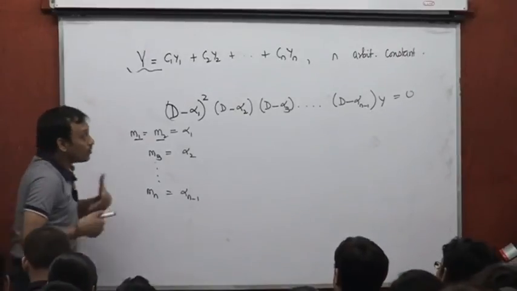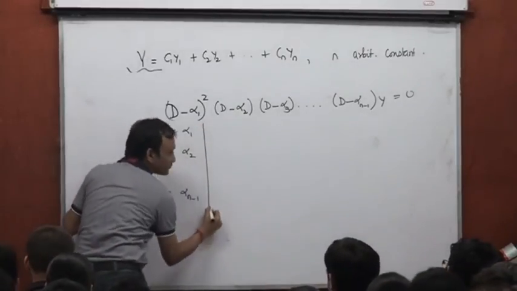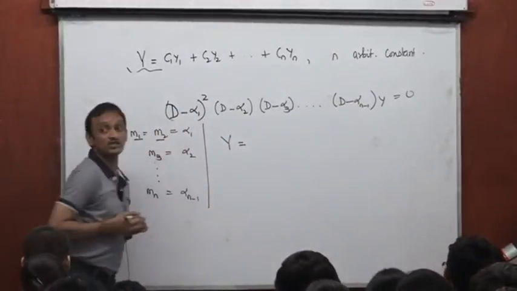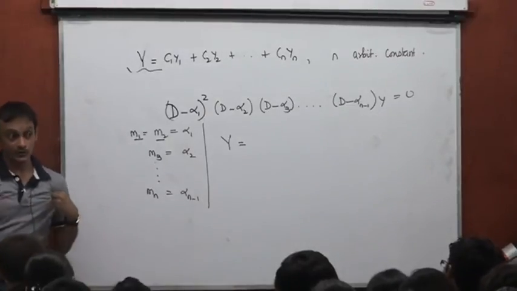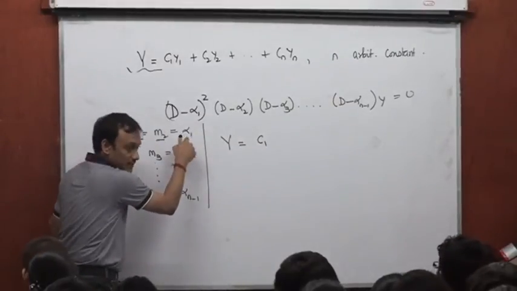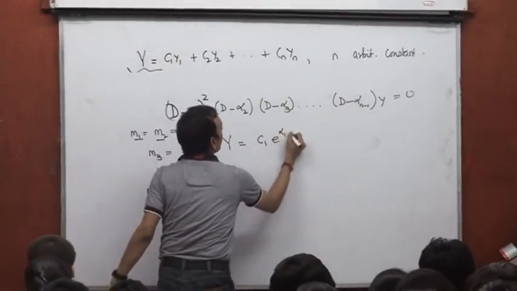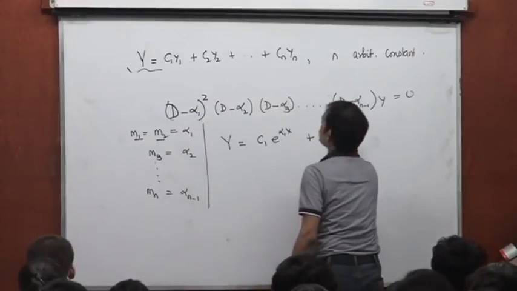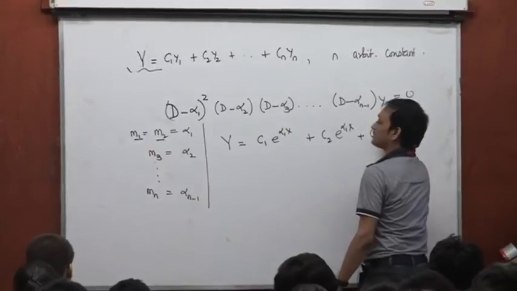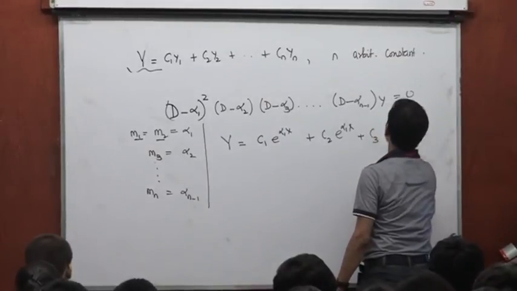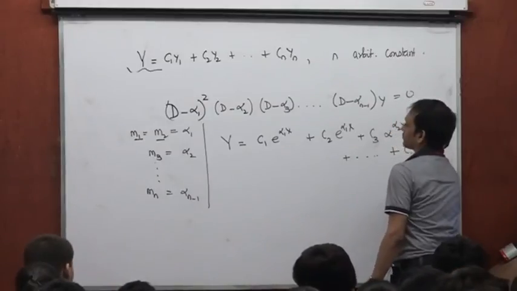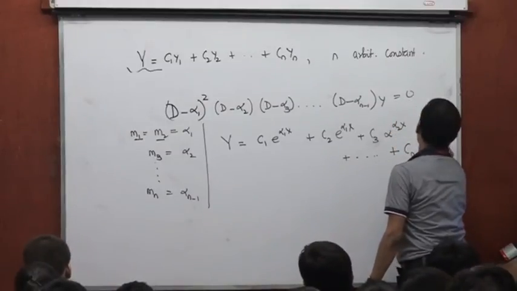Now if you attempt to write the general solution to this differential equation when two of the roots are coincident, suppose you write c1 e^(m1 x), that means e^(alpha 1 x), plus c2 e^(alpha 1 x), plus c3 e^(alpha 2 x), plus and so on, c_n e^(alpha (n minus 1) x).